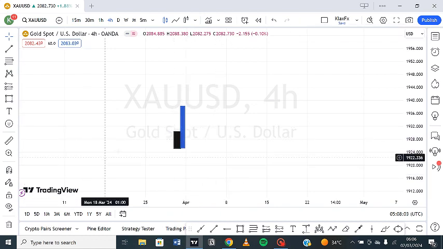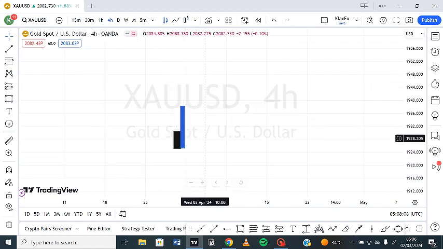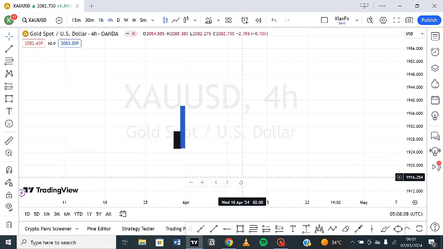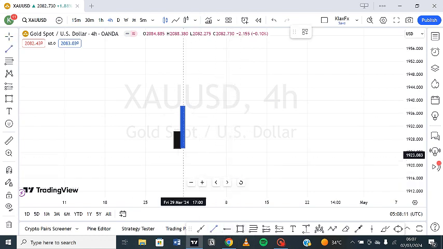Okay, so this is the third type of Malaysian SNR, the classical SNR. At this point, for you to draw your SNR here, you draw it this way.